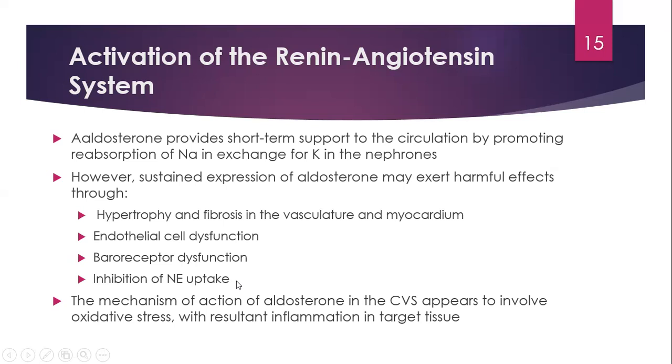Because normally when norepinephrine is released in a normal functioning nerve cell, a lot of this is taken up so that the effect is not perpetuated. So when you have increased aldosterone, it reduces the uptake of norepinephrine, further perpetuating the sympathetic overstimulation.